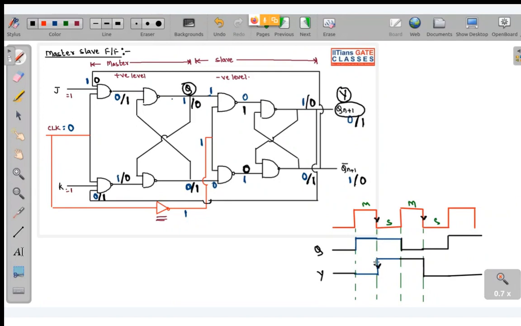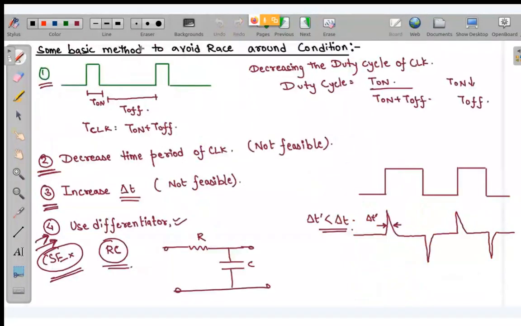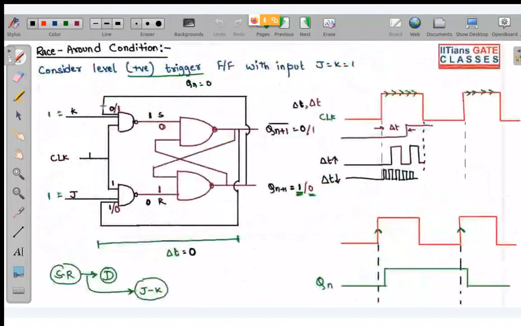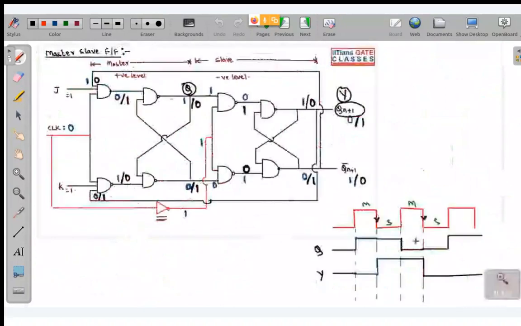You can see at here y is making a transition from 0 to 1. Okay, and once again at this negative edge, it is making a transition from 1 to 0. So you can see we have actually solved the problem of this race around condition and we have constructed this level triggered flip-flop same as your negative edge triggered flip-flop, and this is known as your master slave flip-flop.